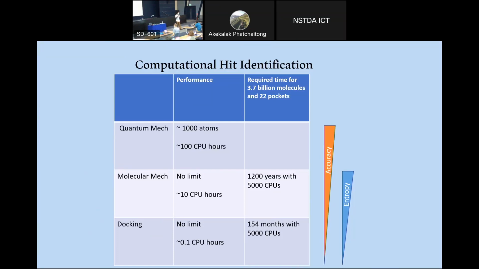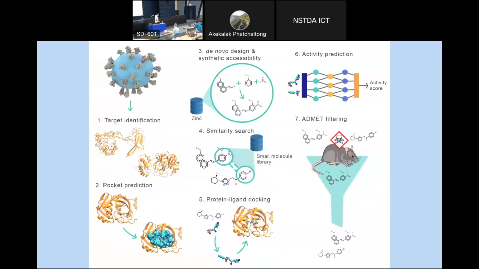We can scan them in a good, confident way so that we have an idea what the initial hits are, okay? So these tools like docking and molecular mechanics, like MD simulation, you will be using in the later part of the drug screening. But we needed a different approach to deal with such huge billions of molecules.